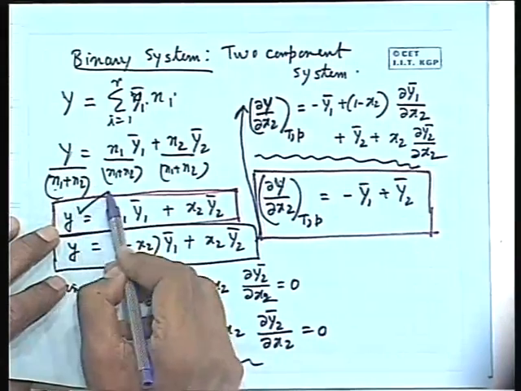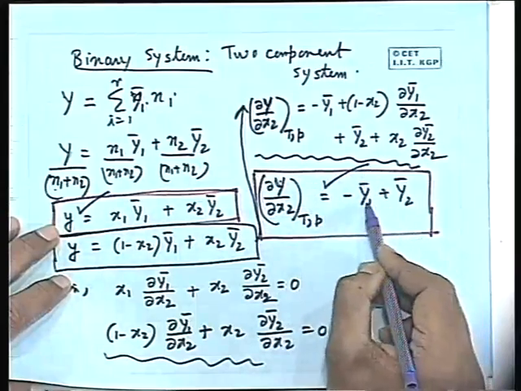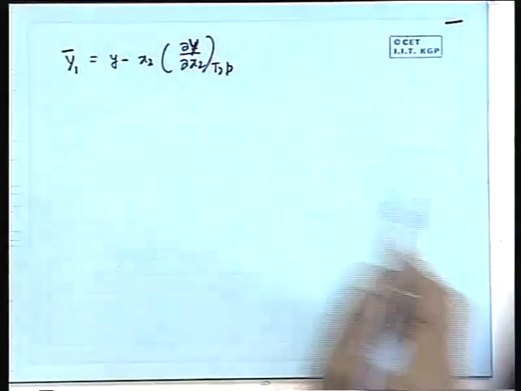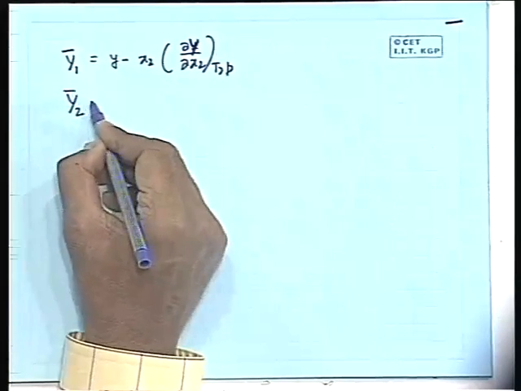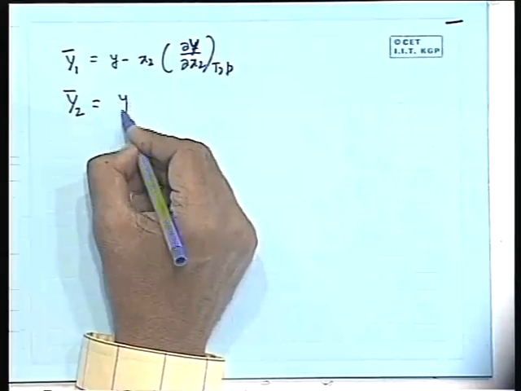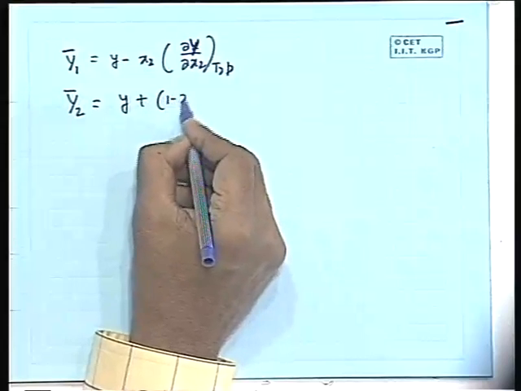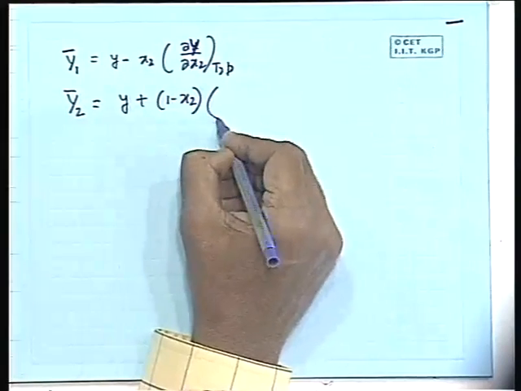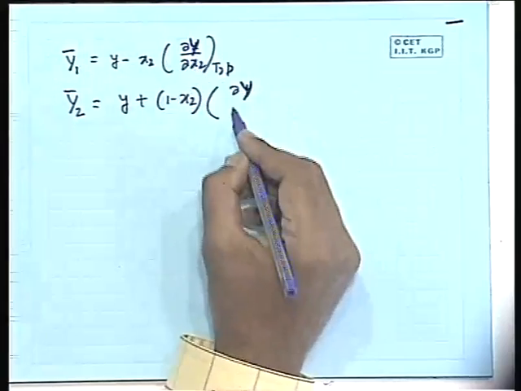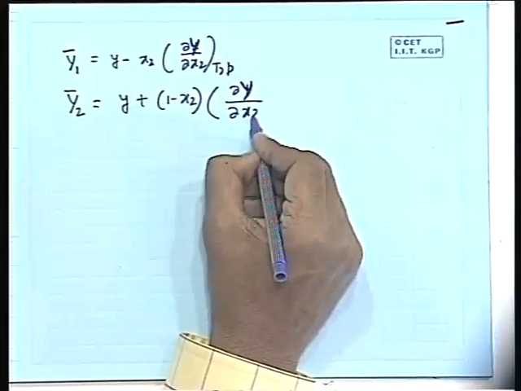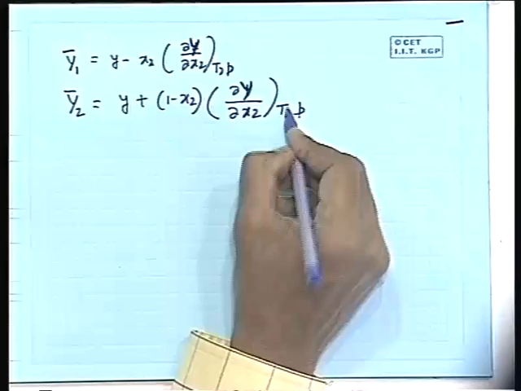Similarly, we get Y2 bar is equal to y plus (1 minus x2) del y del x2 at T and P.